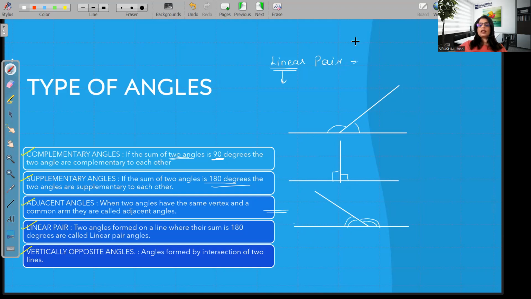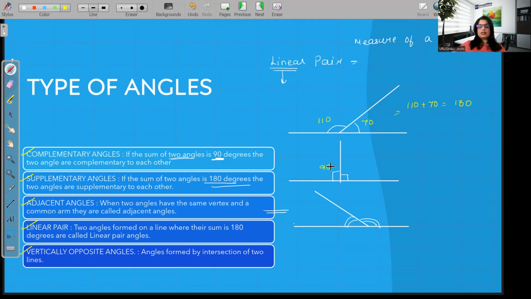Now we all know that the measure of a line is equal to 180 degrees. What do you mean by measurement? If you try to measure this entire angle, it is 180. Now, that means if this is 110 and this is 70, then 110 plus 70 is equal to 180.